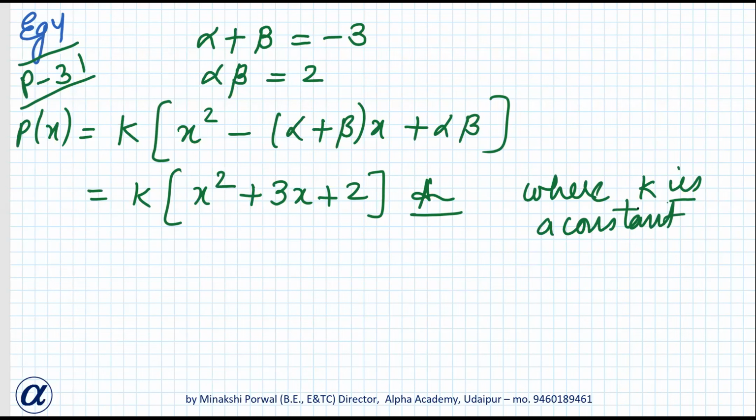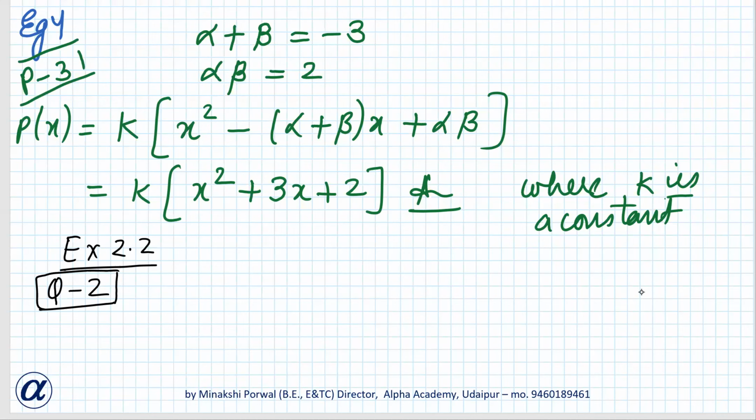This is the answer where k is a constant. So it's easy actually. Now find a quadratic polynomial with the given numbers as sum and product of its zeros respectively. First part, alpha plus beta equals 1 by 4 and alpha into beta is minus 1. Yes, Nirviksha, you tell me what is the quadratic polynomial for this one?